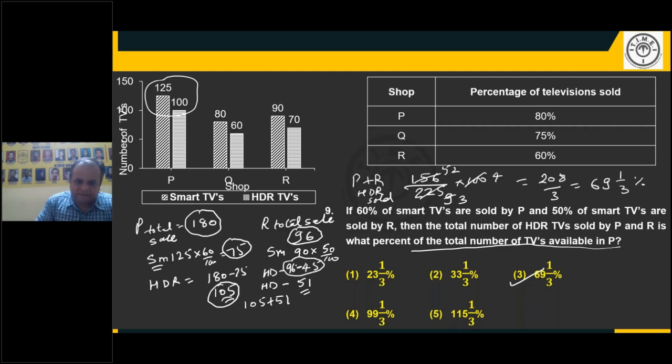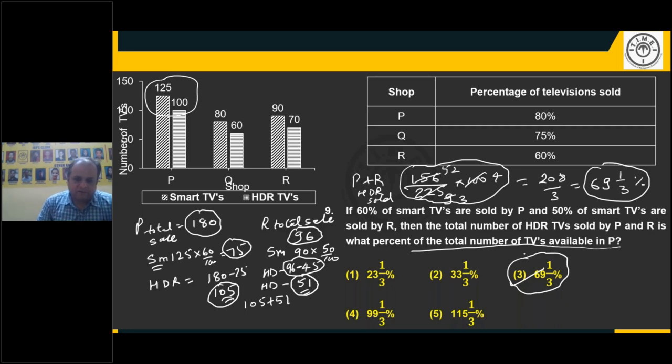So 96 minus 45, HDR TV sold by R is 51. So what is the total sales of P and R in terms of HDR TV? That is 105 plus 51, that is 156. Out of total available with P, which is 225. So 156 upon 225 into 100 translates to 69 1/3%. So this should be our right answer.